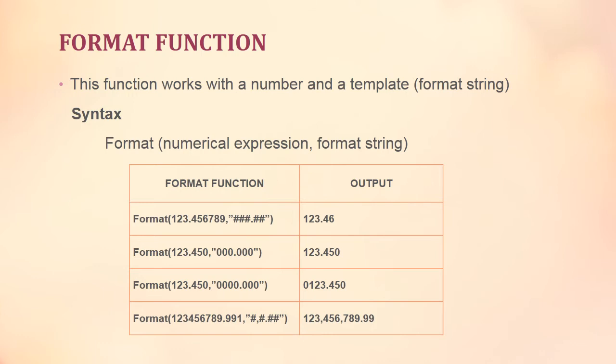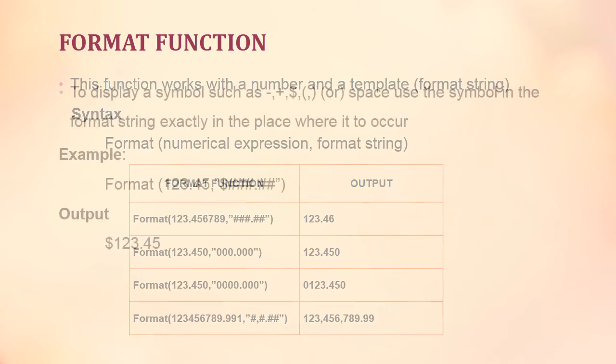Since in the expression we have only 3 numbers towards the left, zeros are added in the front. In the next example, we have given a number and the format string is hash comma. So we have given a thousand separator, and it is printed in the thousand separator format. So likewise, we can have the expression in the desired format.